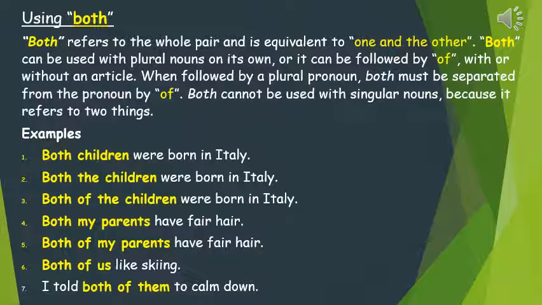Using both. Both refers to the whole pair and is equivalent to one and the other. Both بتشير لزوجان ومساوية في المعنى الواحد مع الآخر أو كلاهما. Both can be used with plural nouns on its own. ممكن يستخدم both مع اسم جامع بمفرده كده or it can be followed by of أو نتبعها of بارتكل أو مفيش article بأداة أو من غير أداة.